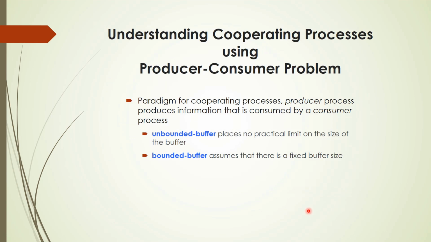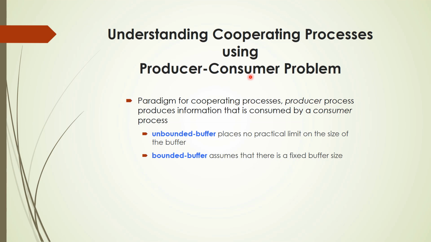Let us understand the concept of cooperating processes using one problem which is called the producer consumer problem. Generally, if we consider the producer consumer problem, the producer can be a server and the consumer can be a client. The server can produce HTML files, images, text, and the consumer will consume them.